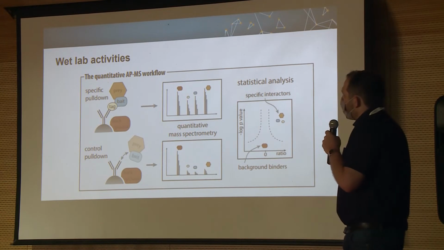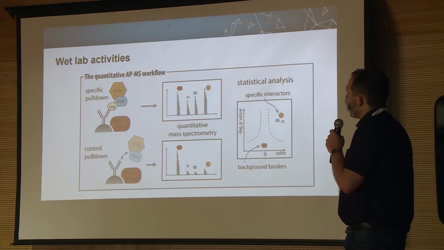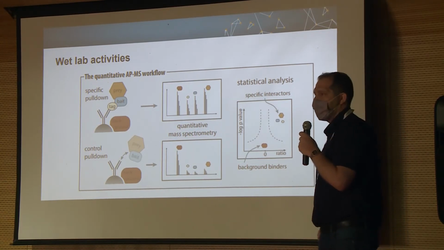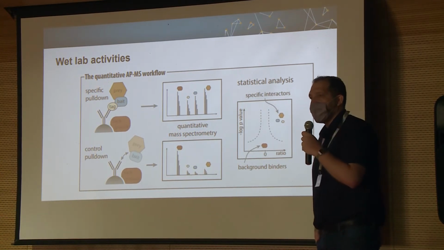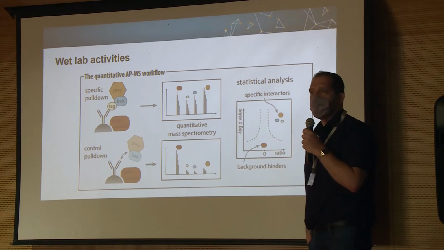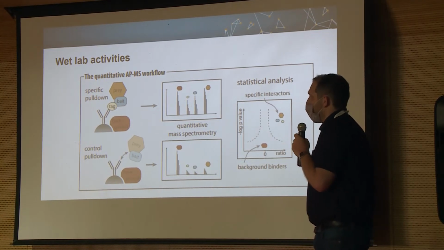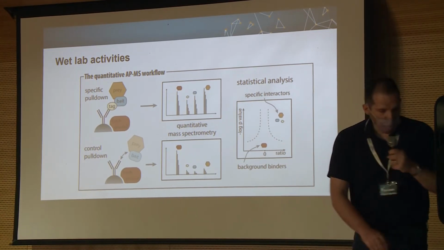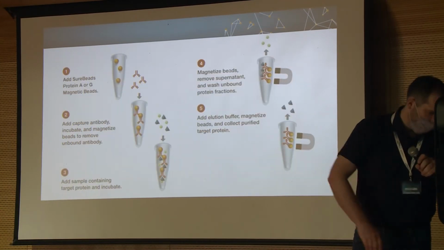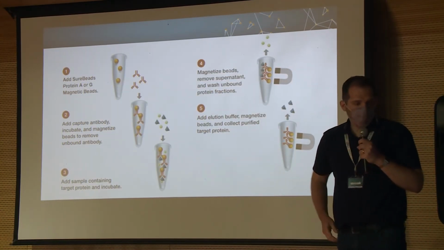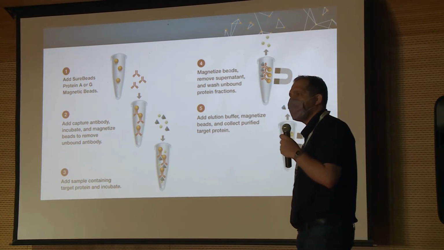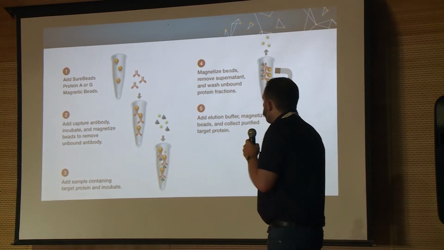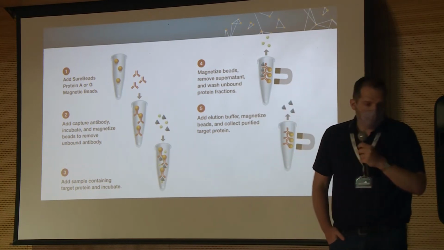In the lab, we are going to make a protocol that you are going to hear a lot about this week. That is Affinity Purification mass spectrometry. That is a crucial protocol to unveil interaction between proteins. One of the protocols to make this is to attach an antibody to magnetic beads, and this is the most popular.